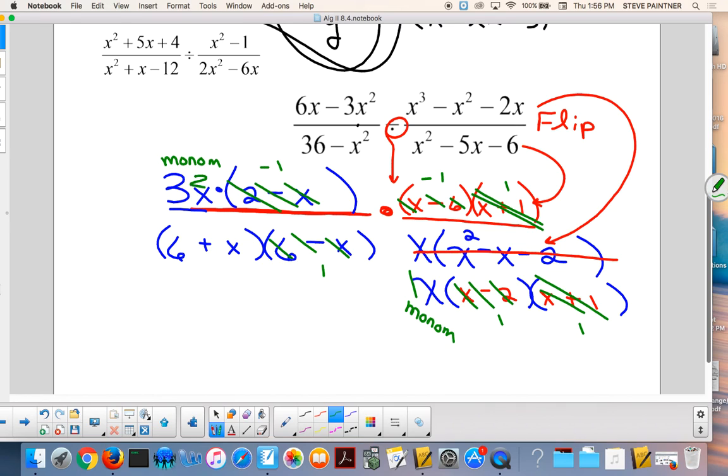Get rid of this x with this x, and that's gone too. Now, what do you have on top? 3 times negative 1 times negative 1 times positive 1. What's that? 3 over 6 plus x times 1 times 1 times 1. 6 plus x. Yeah, 6 plus x.